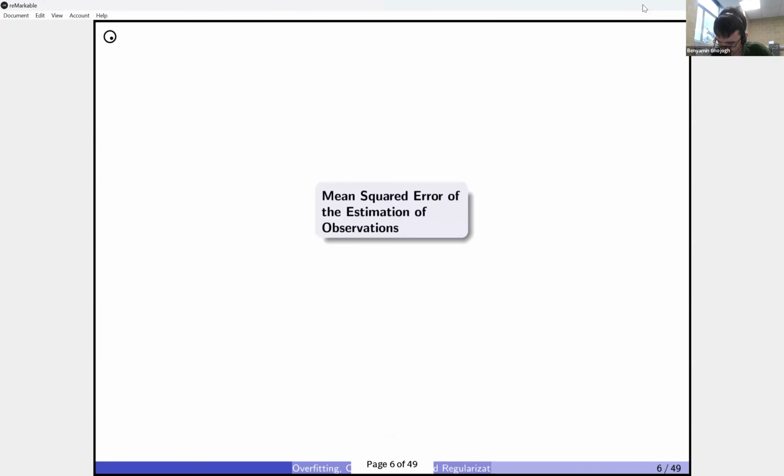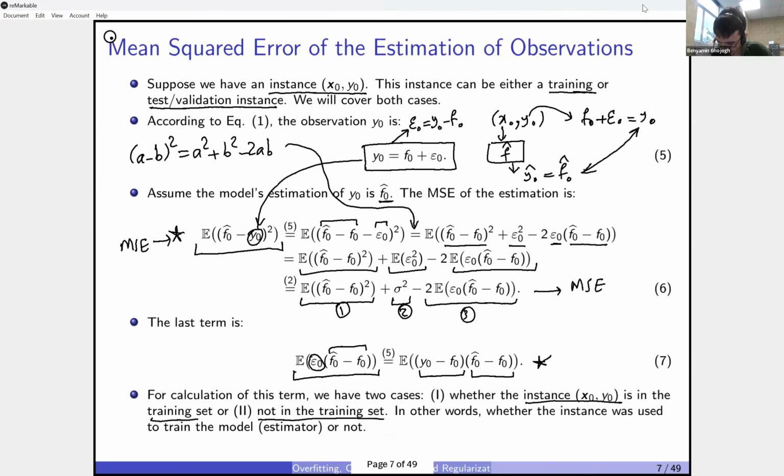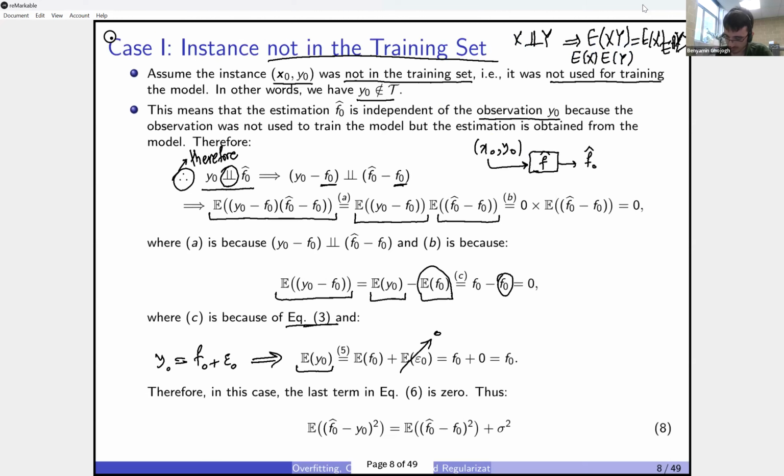Now let's go back to where we were. This term is 0, and we know that f0 is not a random variable, so expectation of f0 is f0 itself. So I can replace expectation of y0 by f0.